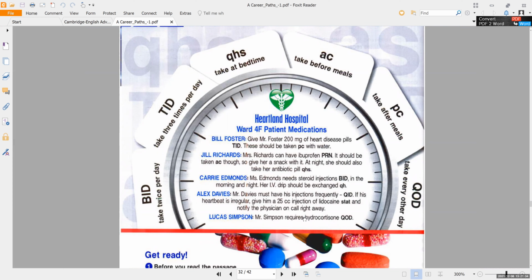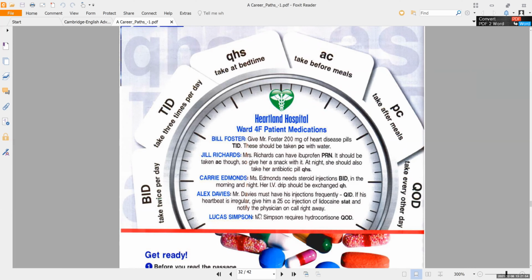BID, take twice per day, or TID, take 3 times per day, or QHS, take at bedtime, or AC, take before meals, or PC, take after meals. Finally, QOD is take every other day.